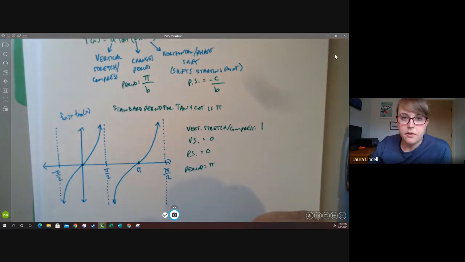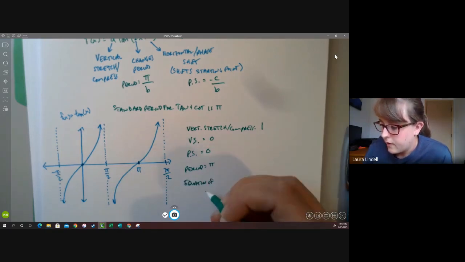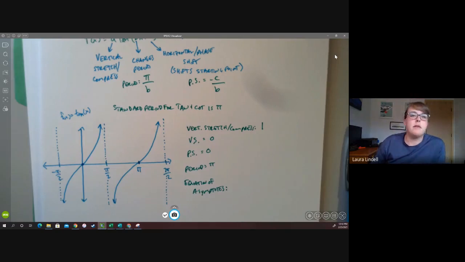But then we also want the equation of the asymptotes. That tends to be the part about tangent that people find the hardest, figuring out the equation of the asymptotes.